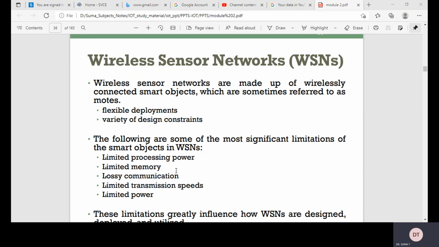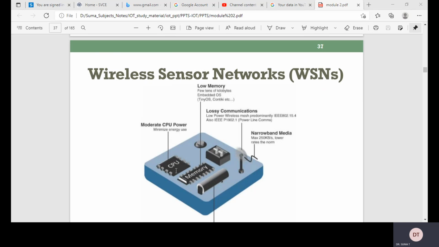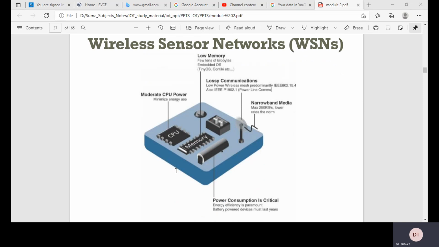Okay, in the diagram we can see they have moderate CPU power. And the power consumption is also very critical. Energy efficiency is paramount. Battery powered devices must last years, right?